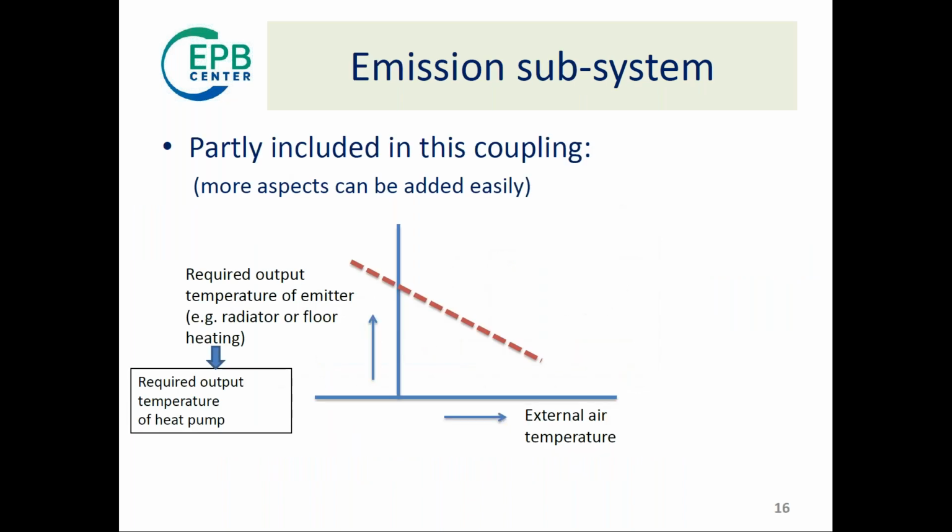And as you notice, there are 2 steps in between, is distribution and emission. Well, the distribution system is for now neglected, and with respect to the emission system, what cannot be ignored is that for higher energy needs, you need higher temperature of the emission system to be able to supply the higher energy needs.